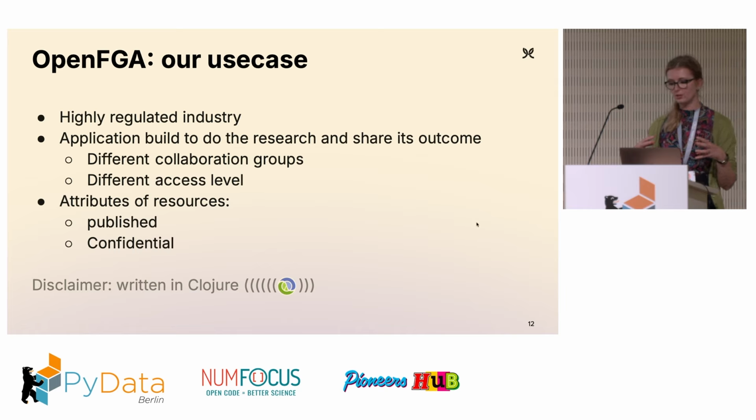And they want to share the outcome of this research and different parts of research, meaning different documents, with different parties. And people might be able to see something, edit something, and some other parts not. And it might also depend not only on the group that the user, a physical person, is in, but also on the resources themselves. So for example, whether the document is already published or is in draft mode, or if the document is confidential, which means it's a higher bar for seeing and editing it.